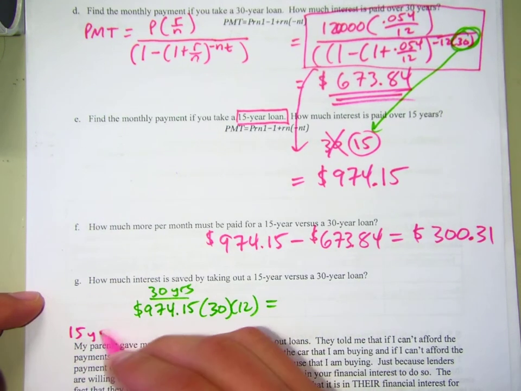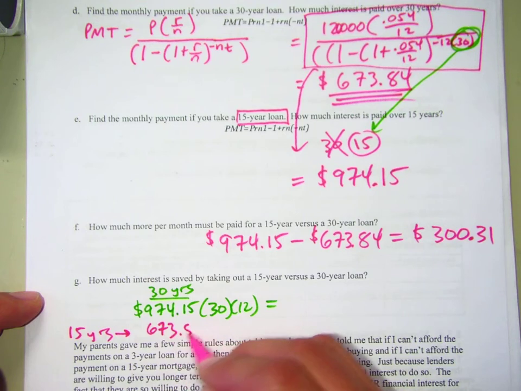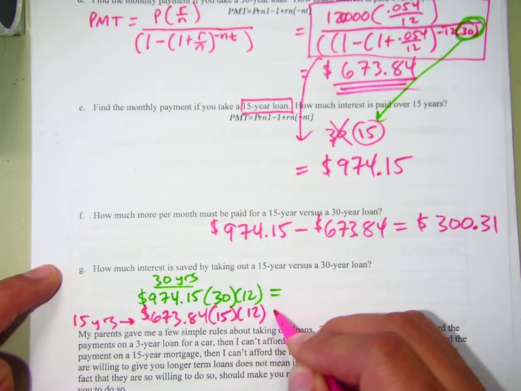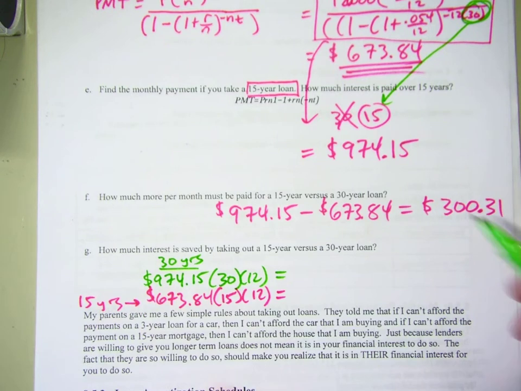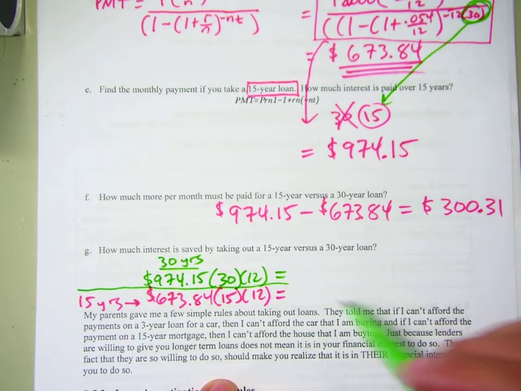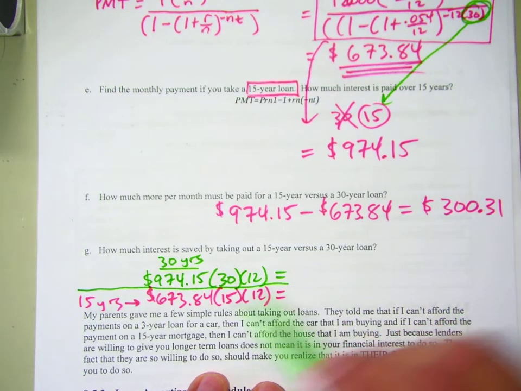And now for 15 years, we're doing the $673.84, but that's for 15 years, 12 times a year. Okay, so let's get those totals. So how much total do we pay for the loan over 30 years?